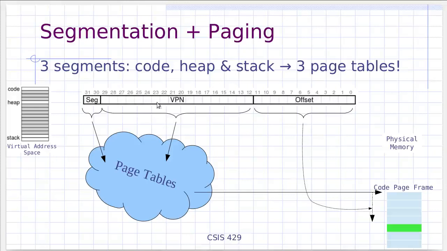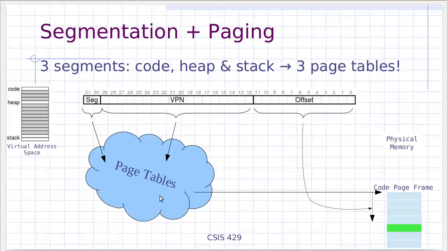Okay, so here's the scheme again, 3 segments. We have 4 possibilities, but we only use 3. That's 1 input into the page table. Then we have virtual page numbers, which is 18 bits. That's another input into our page table scheme.